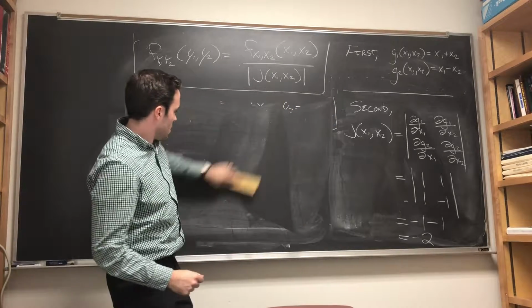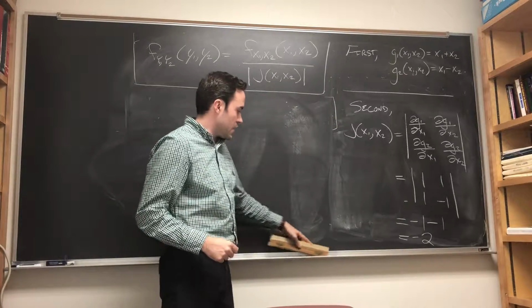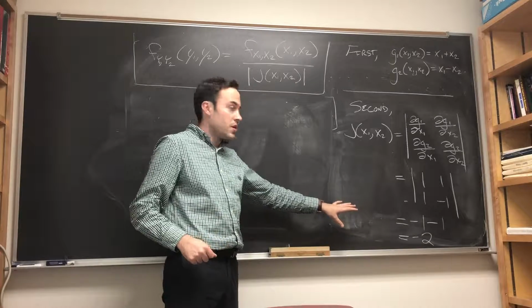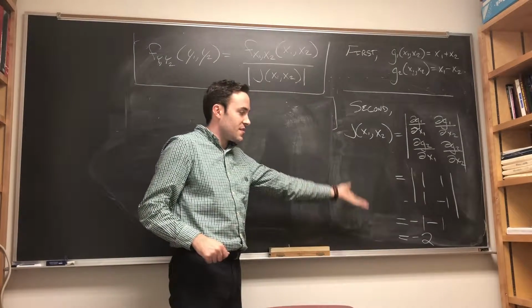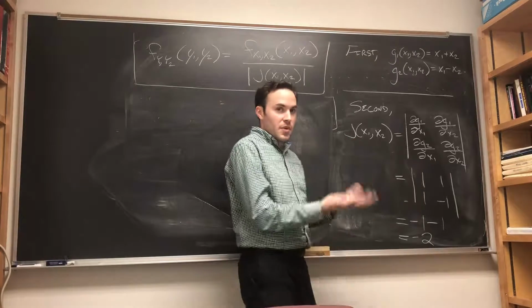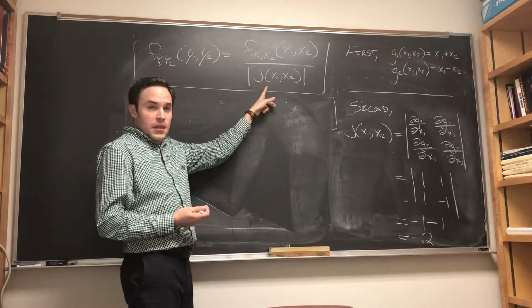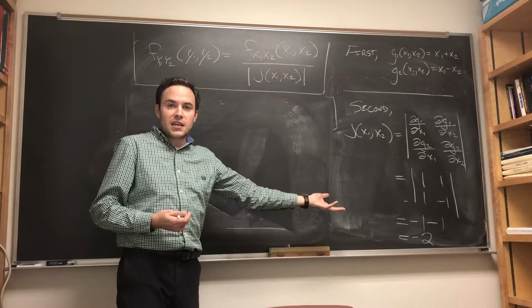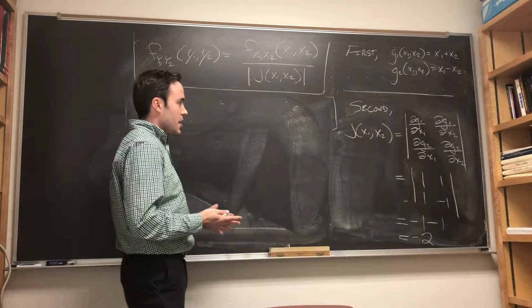So we can now utilize that second point, which said that as long as the Jacobian's non-zero for every single x1 and x2 that we care about, we can say something positive. Well, that is true here, right? It's equal to negative 2 everywhere, so it's not equal to 0 anywhere.